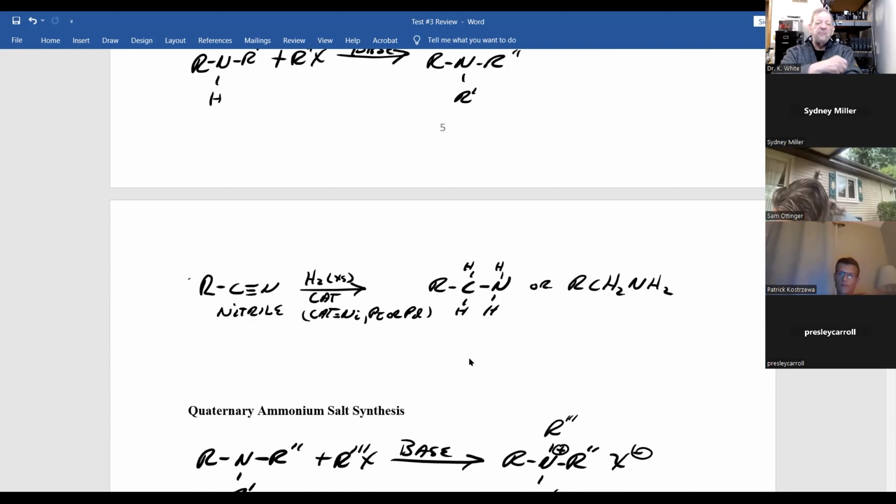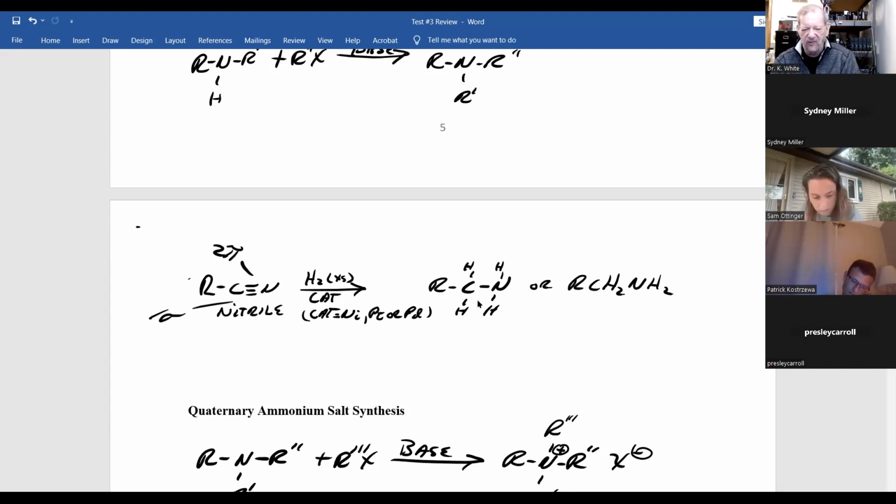Now, a special way of making primary amines is reacting a nitrile, which I'll never ask you to remember the name, but it's a carbon-nitrogen triple bond, which you know, pi bonds can be broken. This has 2 pi bonds and 1 sigma bond. I won't ask that on a test, but if you add excess hydrogen with a catalyst, which can be nickel, platinum, or palladium, you break the 2 pi bonds, and each atom of the triple bond gets 2 hydrogens.